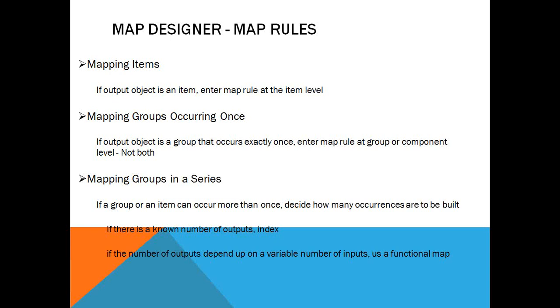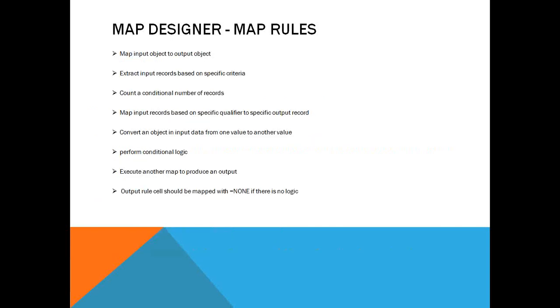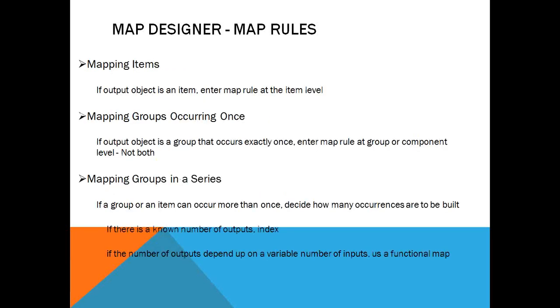So clear? Yes. Map designer maps input object to output object. Once again, the functional map. See here, mapping group occurring once. Think about what we created as the output type yesterday.